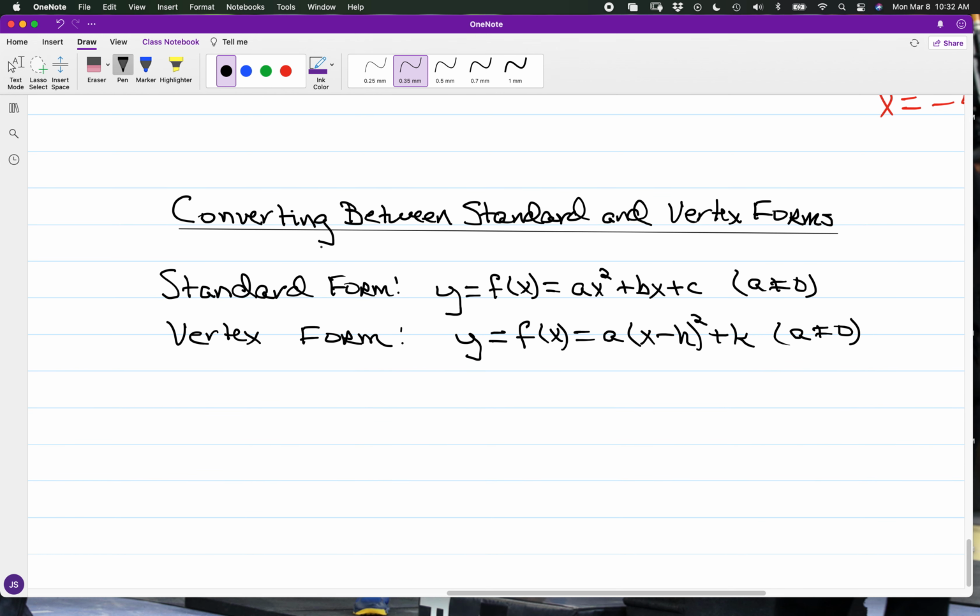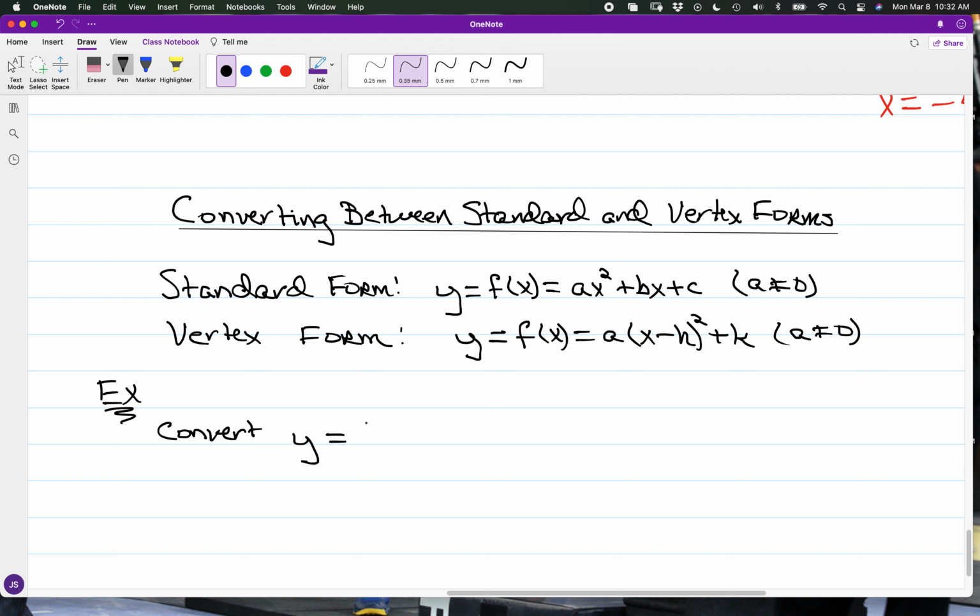And let's say that in terms of converting, I have a function. I'll give you a trinomial that technically is factorable.